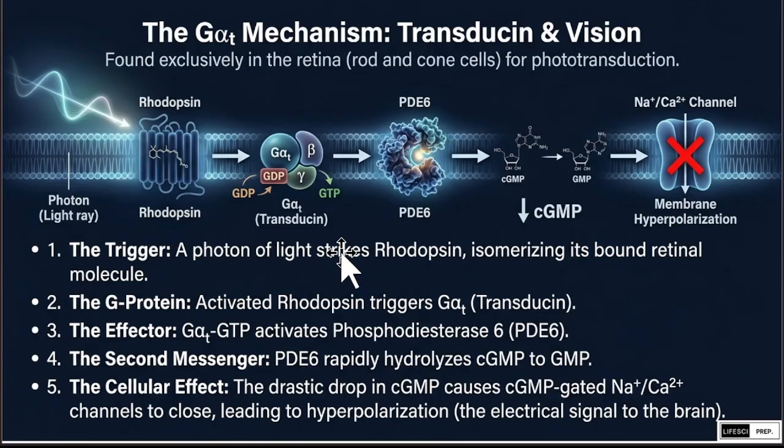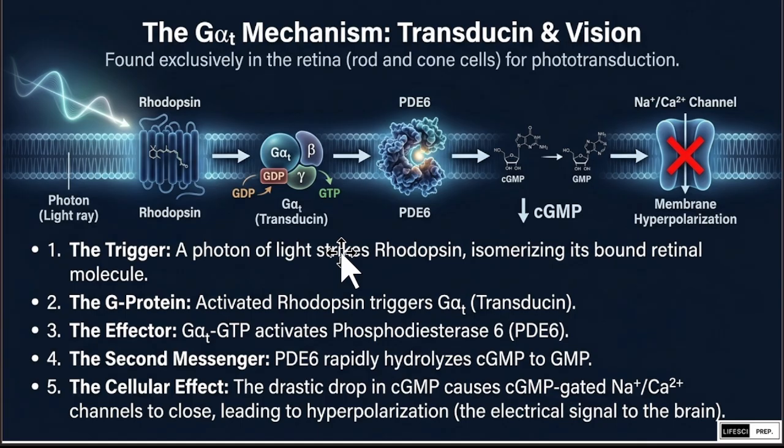Then G alpha T. G alpha T, as I have said before, is the phosphodiesterase that breaks cGMP to GMP when the photon light ray acts on the GPCR. The GPCR activates G alpha T, which acts on the PDE6, the phosphodiesterase.